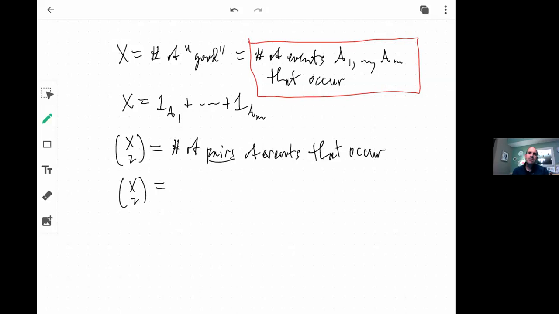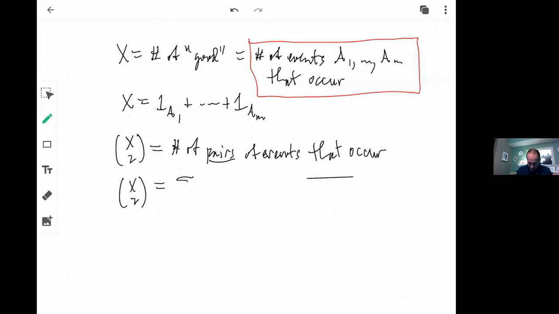Well, we already saw that the indicator of AI intersected with AJ for I less than J is the indicator of the pair of events AI and AJ happening.